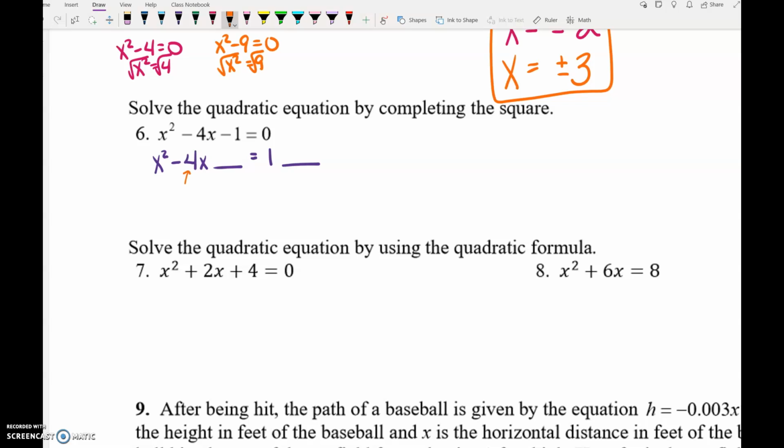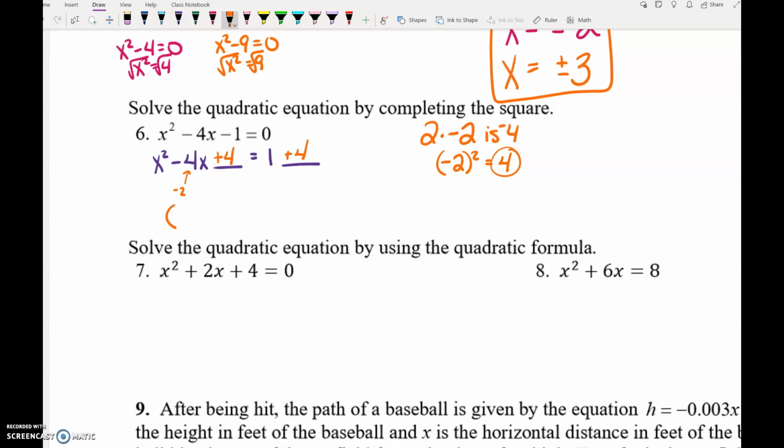So 2 times what is negative 4? That'd be negative 2. Negative 2 squared is positive 4. So what you add to both sides is the square of that number you found. So 2 times negative 2 is negative 4. Negative 2 squared is 4. That's what you're going to add to both sides.